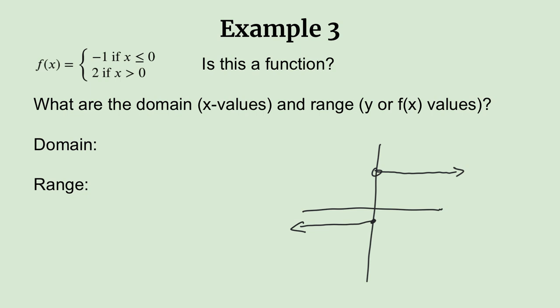So there is a jump here, but because we have a filled in circle here, where there's an open circle up here, there's still a value there at x equals 0. So domain would still be our -infinity to infinity.